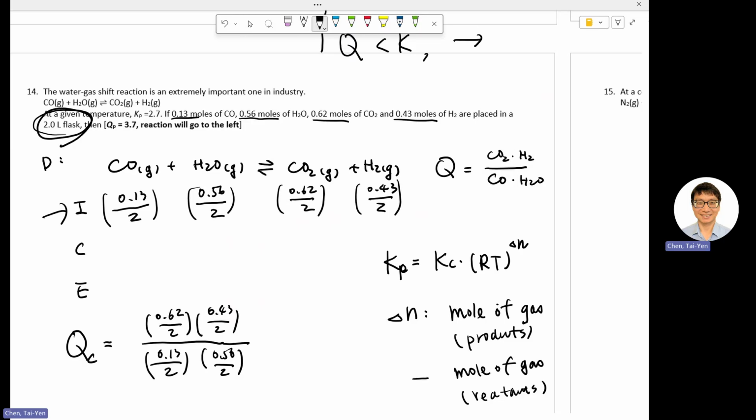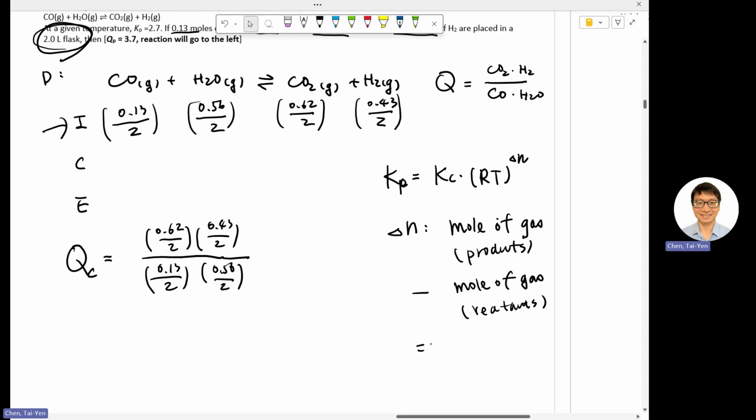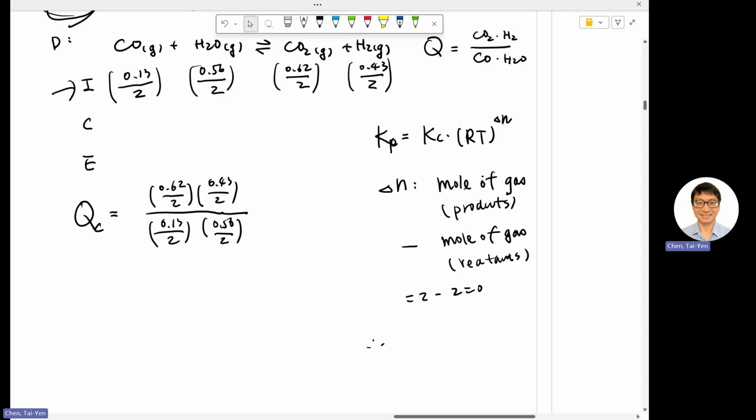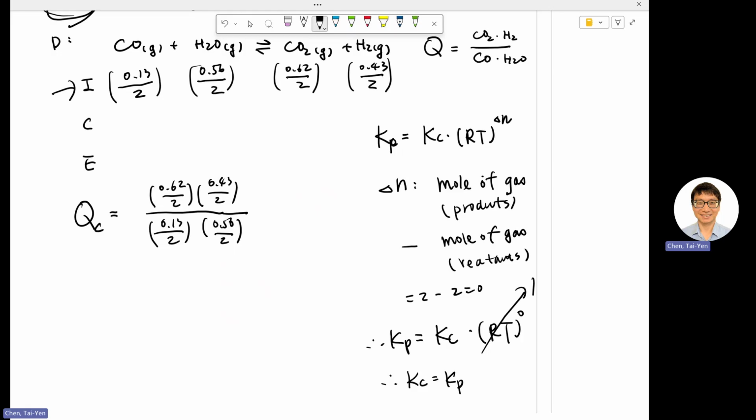Therefore, your delta N is 2 minus 2, which is 0. Therefore, your Kp equals your Kc times RT to the 0th power, which gives you a value of 1. So your Kc and Kp are the same in this case.